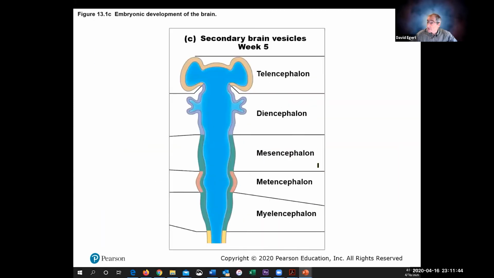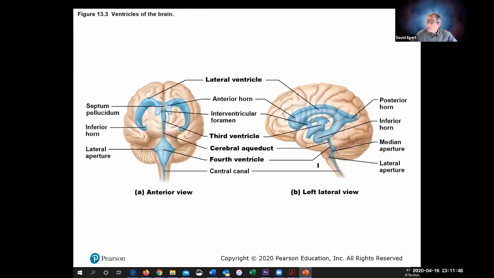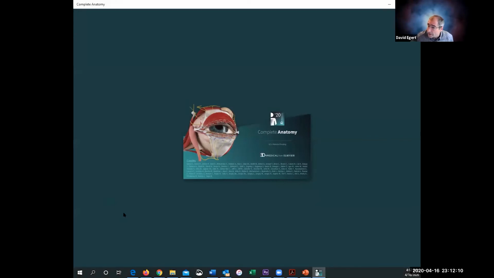Back to ventricles. We spent a lot of time on this, which is easier to see in three-dimensional models. This is where this Complete Anatomy app can come in handy.